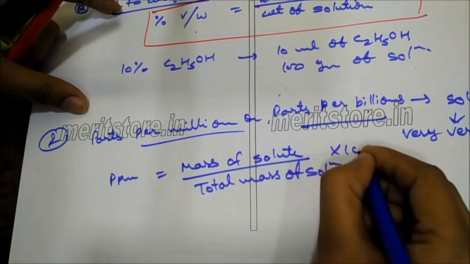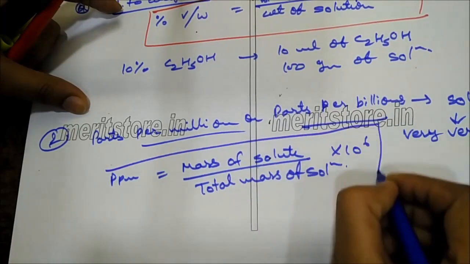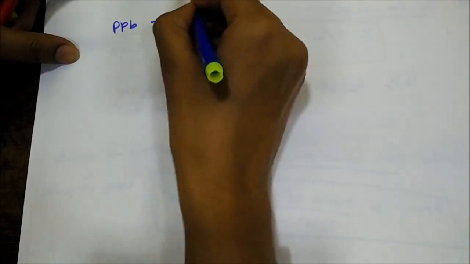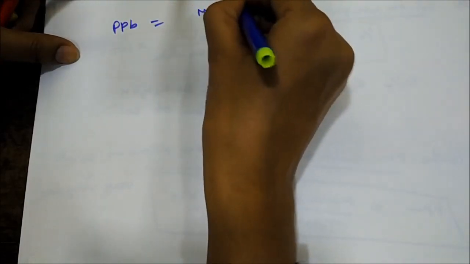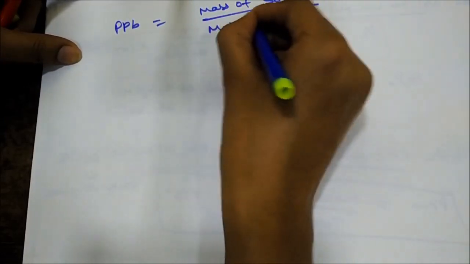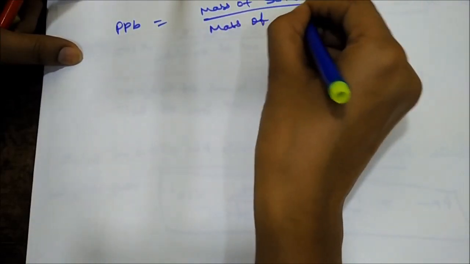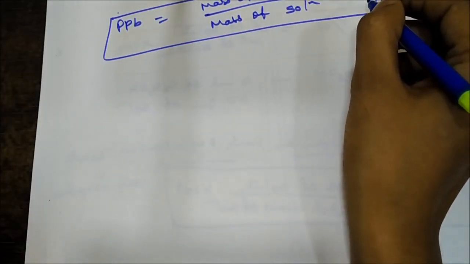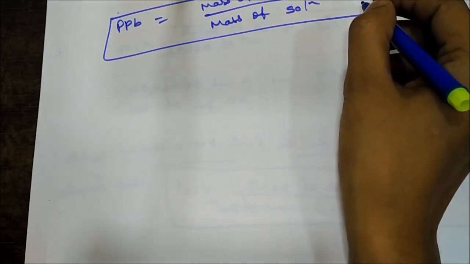For ppm we need to multiply it by 10 to the power 6, that is million, and for ppb it will be mass of solute divided by mass of solution multiplied by 10 to the power 9 for billion. So this is the formula for concentration parts per billion.